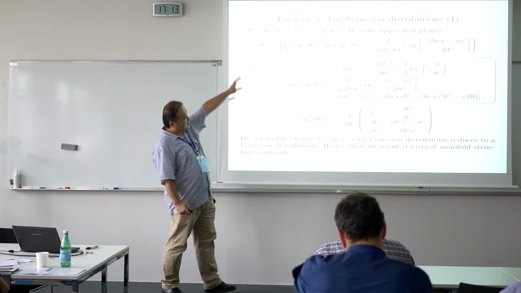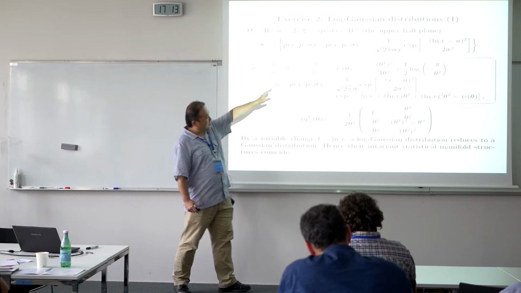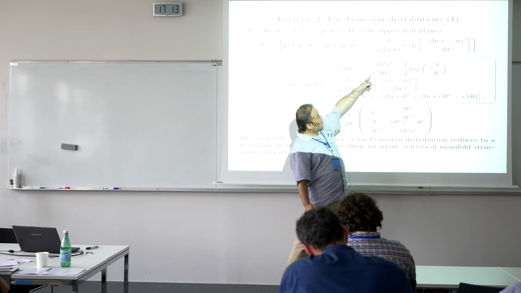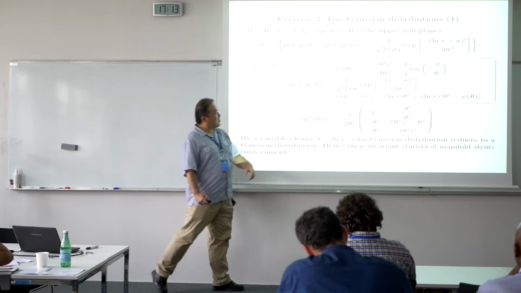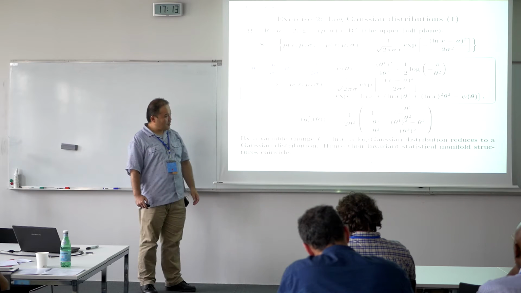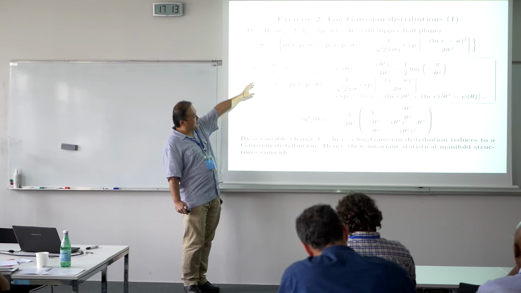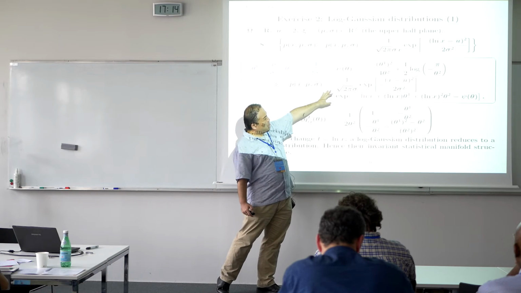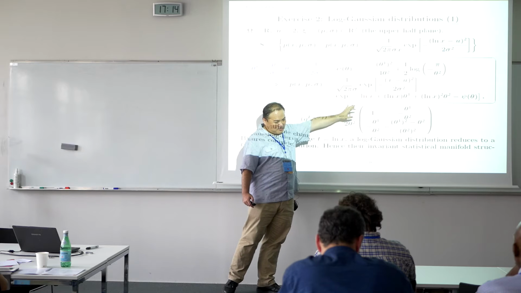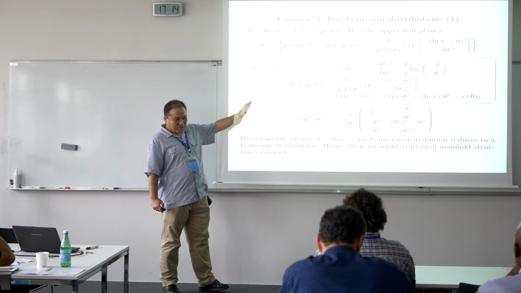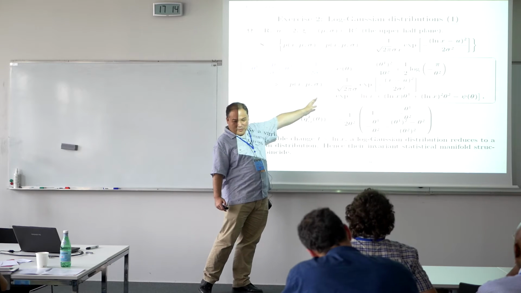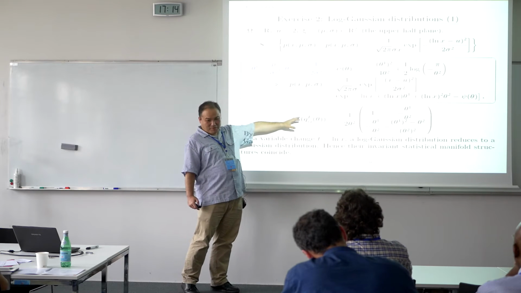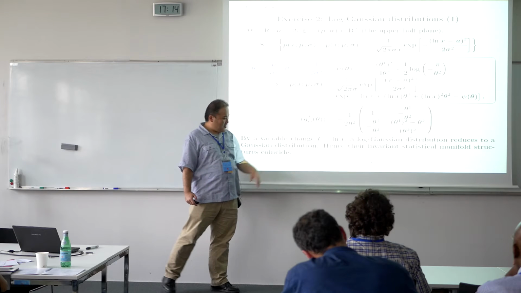Next, let us consider the log-Gaussian distribution. The log-Gaussian distribution is given by this form. If we put the parameter like this, then the log-Gaussian distribution can be written in this form. So this is an exponential family, but it is not a pure exponential form, but the Fisher metric coincides with the ordinary Gaussian case.